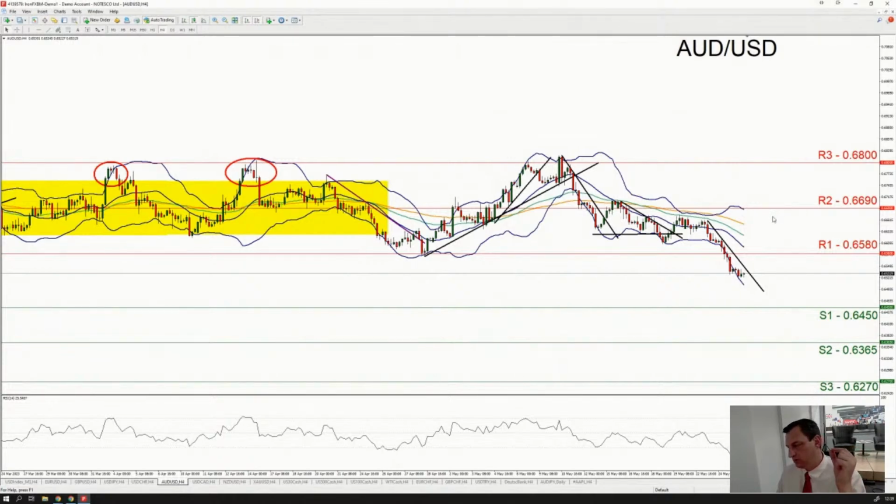A small word of warning here. A correction higher may be imminent for the pair. It's a maybe, but it's a possibility which you should keep in mind. A small glance at gold before we leave.